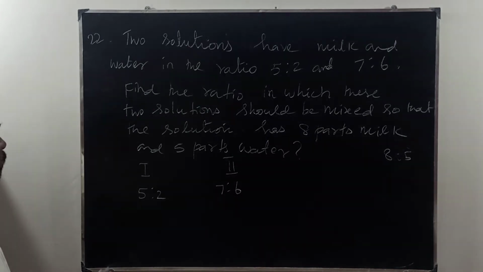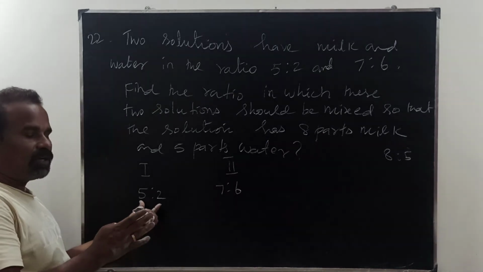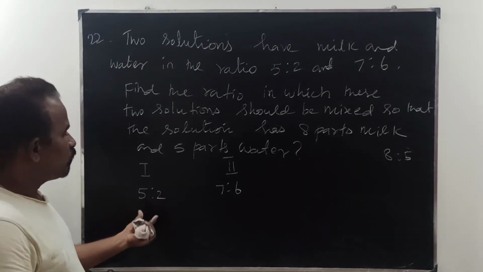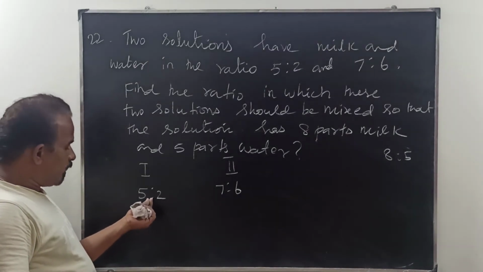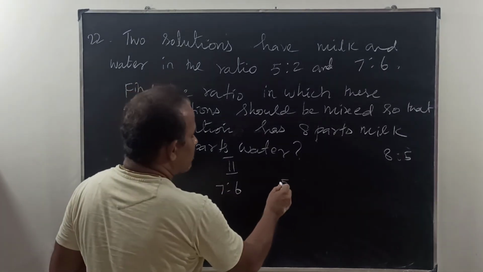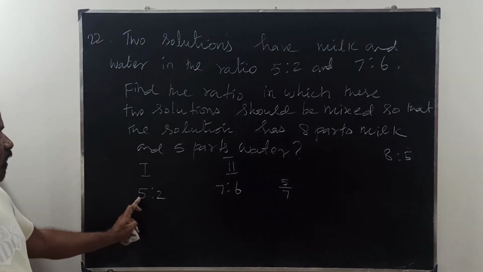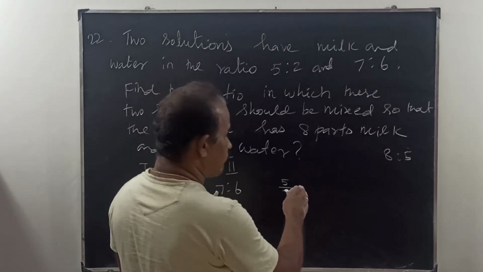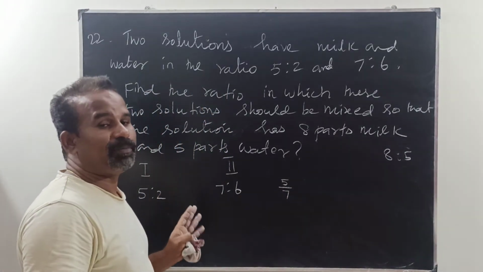Okay. Now, either milk you can take or water you can take. Suppose this is a shortcut. Suppose you take milk. So totally there are 7 parts, out of which 5 parts is milk, 5/7. Similarly, here is also milk. You take either milk or water, you will be getting the same answer.